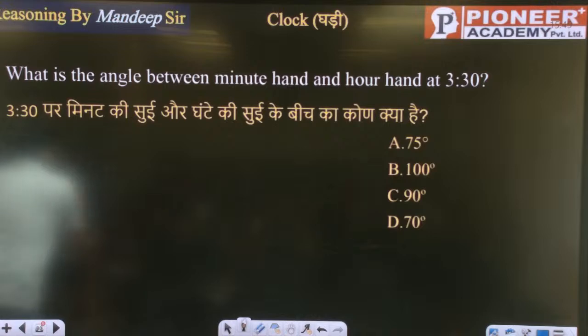75. It's a ratio of 1:10, then we will do minute into 5 upon 2.